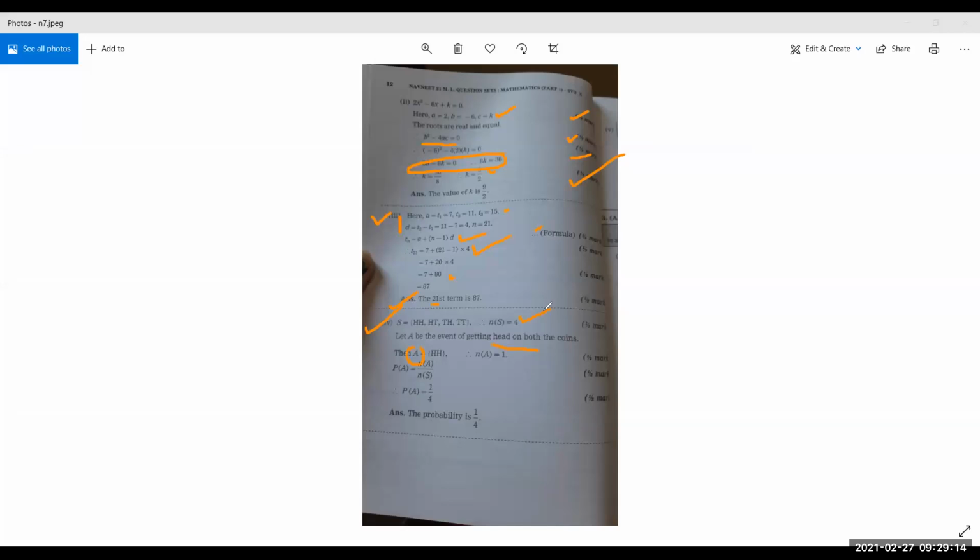Then once S is done, we can write n(S) very well. Then writing the event, whatever event was given, write that in curly brackets, and the number of elements in the event, for that we get the next half marks. Then for the formula, we get the next half marks, and for the final answer, we get the last half marks. So if the probability question is asked, sample space carries half marks, writing the event carries half marks, writing the formula for probability of A carries the next half marks, and for the final answer, we get our last half marks. Clear?